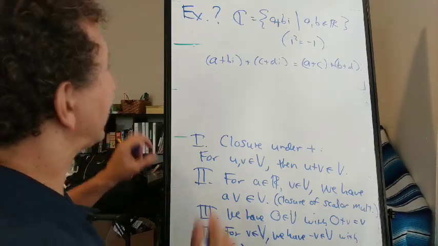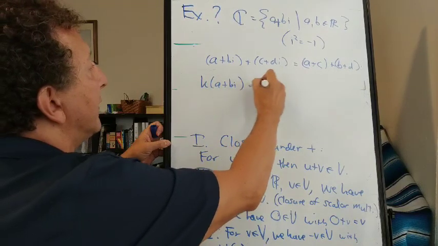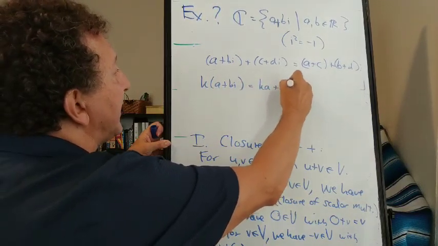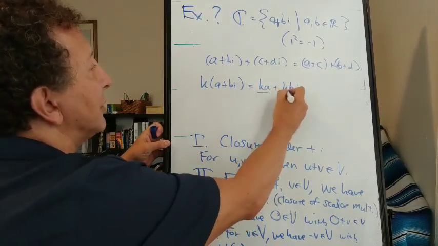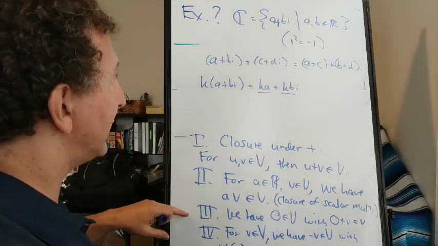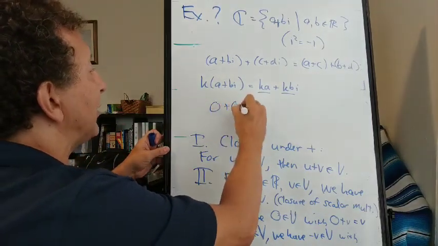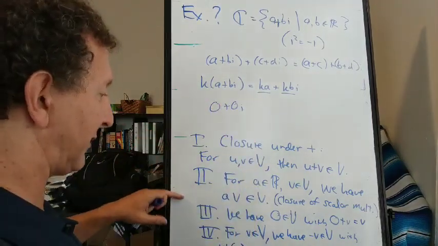If we multiply by a scalar k, then we've got ka plus kbi, so that's still real plus real i, so that's still a complex number. Of course we have a 0 element, that's 0 plus 0i, which counts as complex.